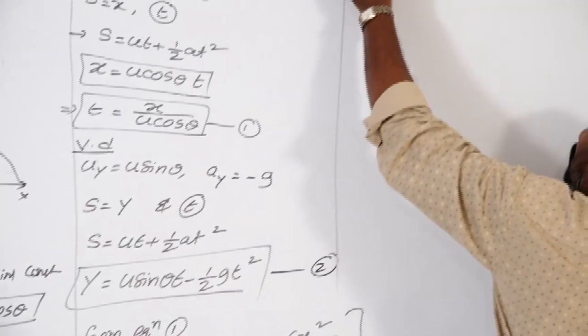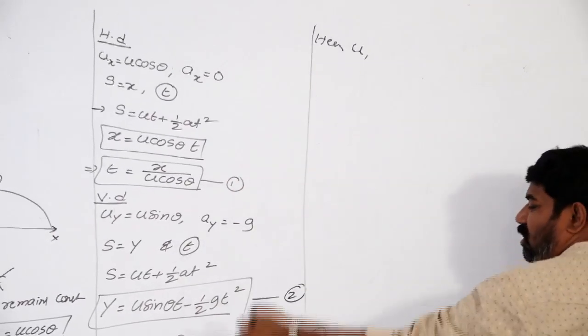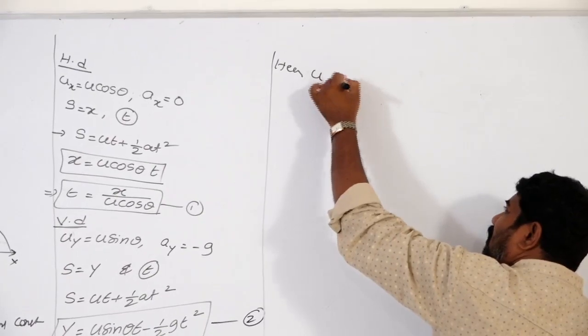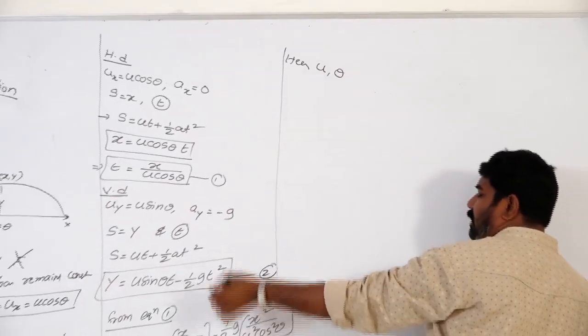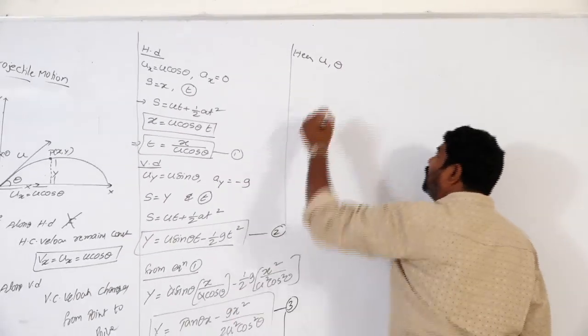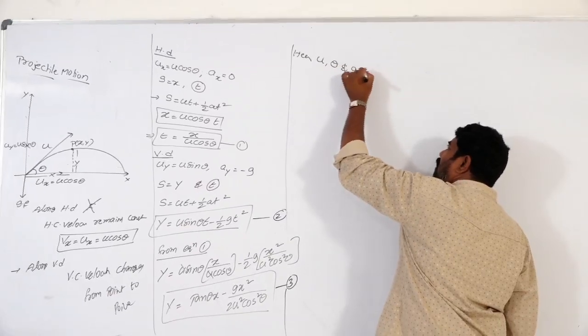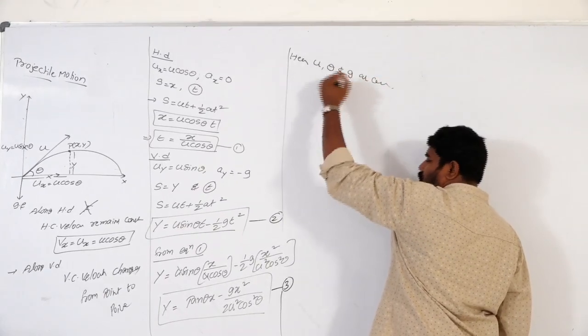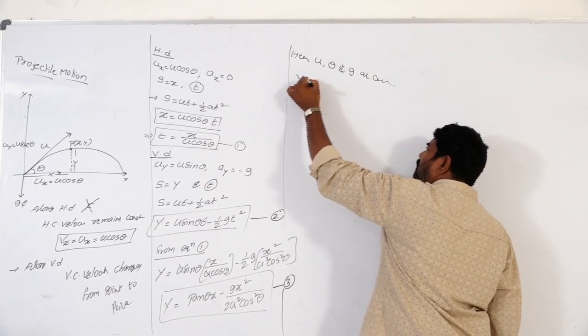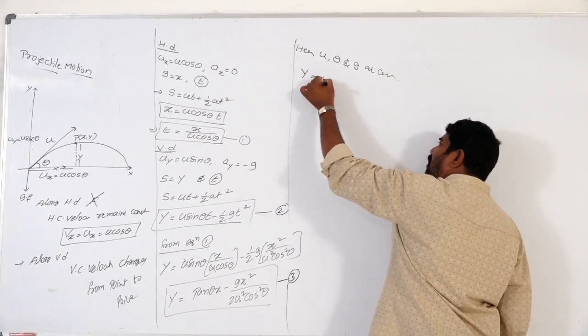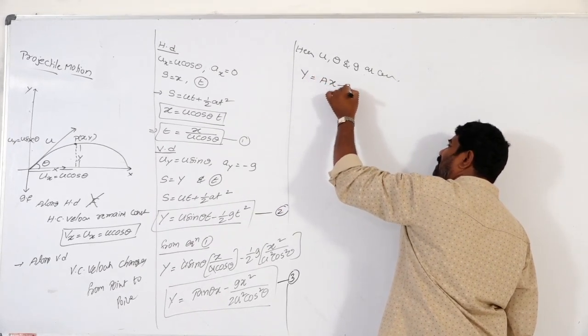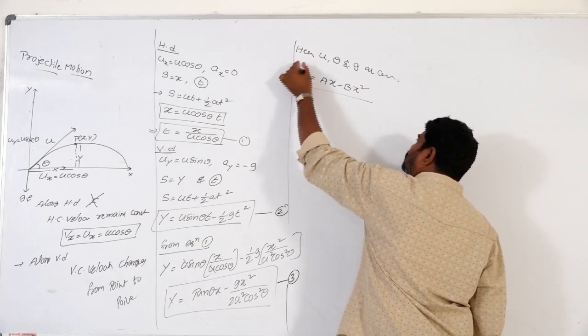Here the initial velocity u is constant, theta is constant, and g is also constant, so y is equal to some constant a x minus b x square.